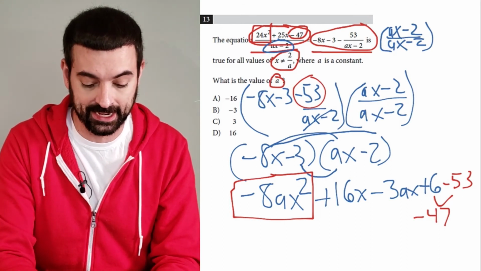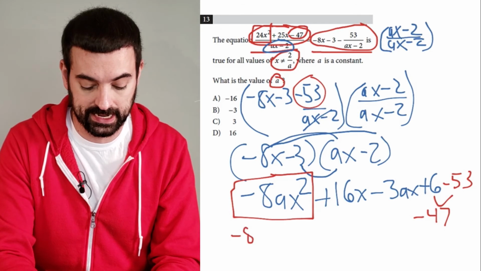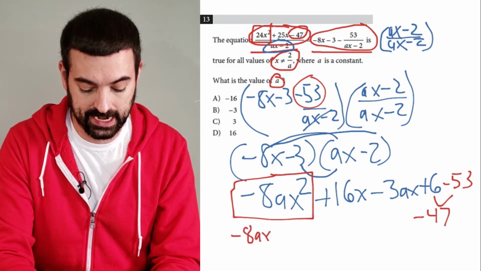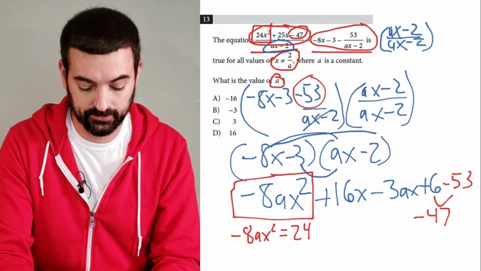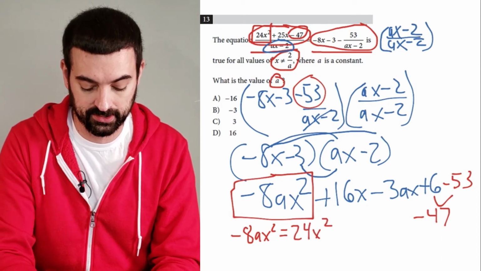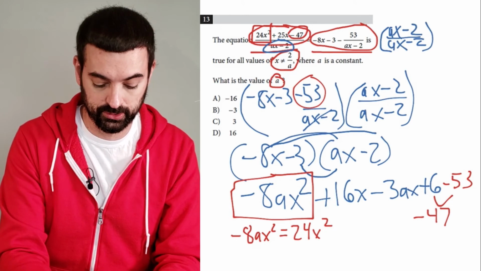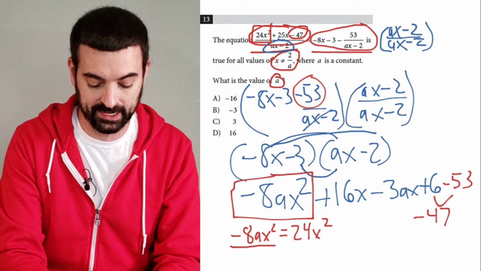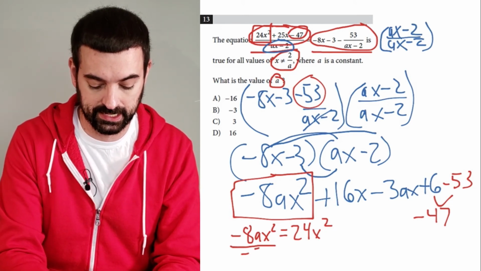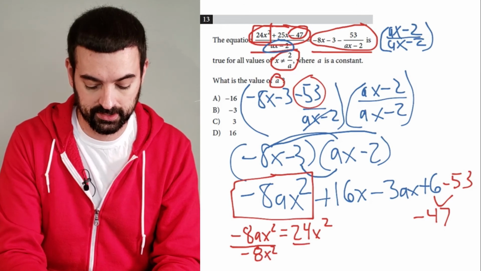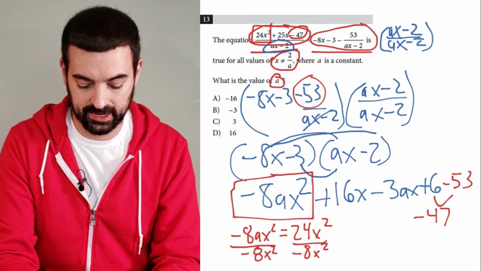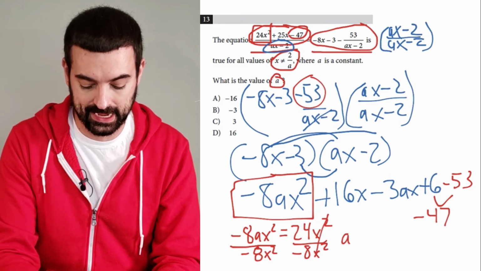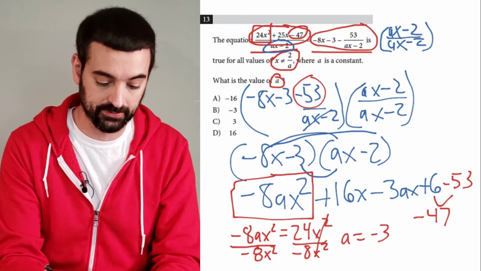So I can say that negative 8ax squared equals 24x squared. And I'm going to divide both sides by negative 8x squared. And I'm going to get that a equals negative 3.